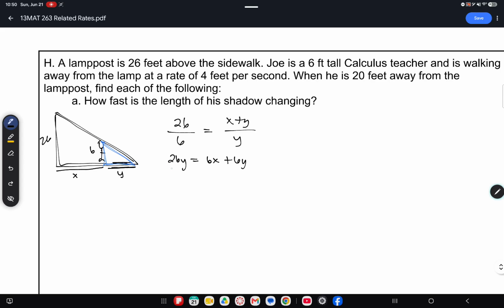Solve for y. So if I subtract 6y, I get 20y equals 6x. Divide both sides, and I get 6x over 20. I can divide both of those by 2, so 3/10 x. Okay. And then I can probably do derivative from here. So that's going to be dy dt equals 3/10 dx dt.